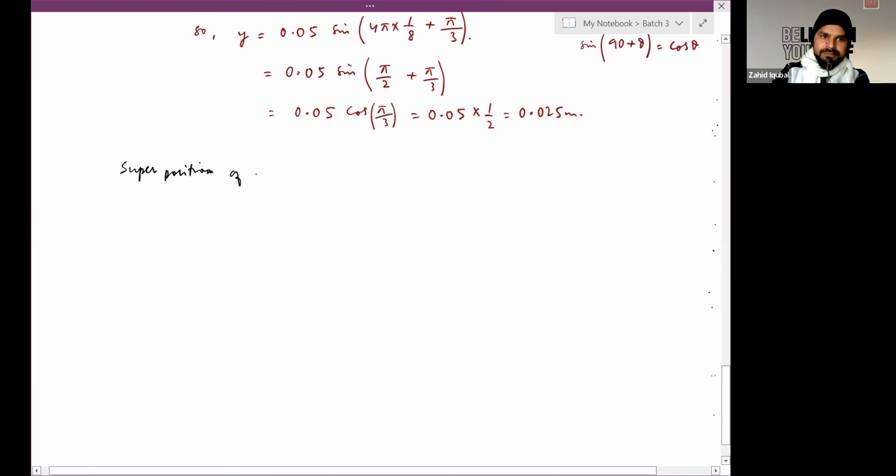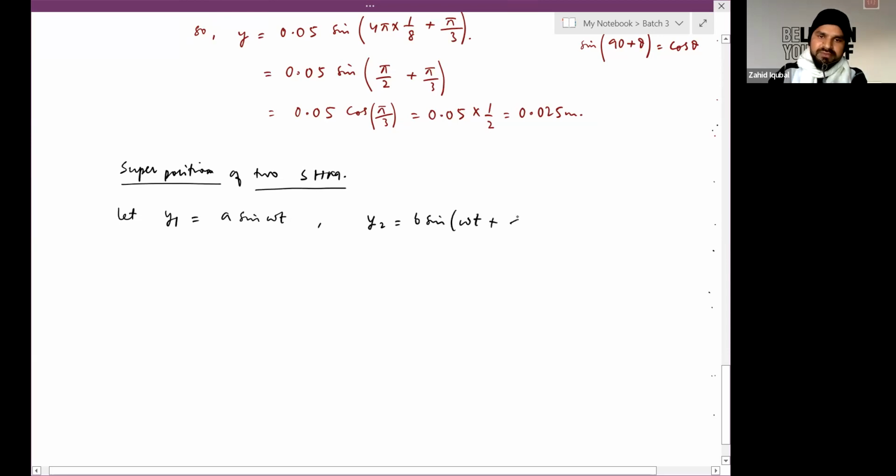Superposition of two SHMs. It means adding of two SHMs. Suppose you have y1 equals a times sine omega t, and y2 we have b times sine(omega t plus some phase difference phi).